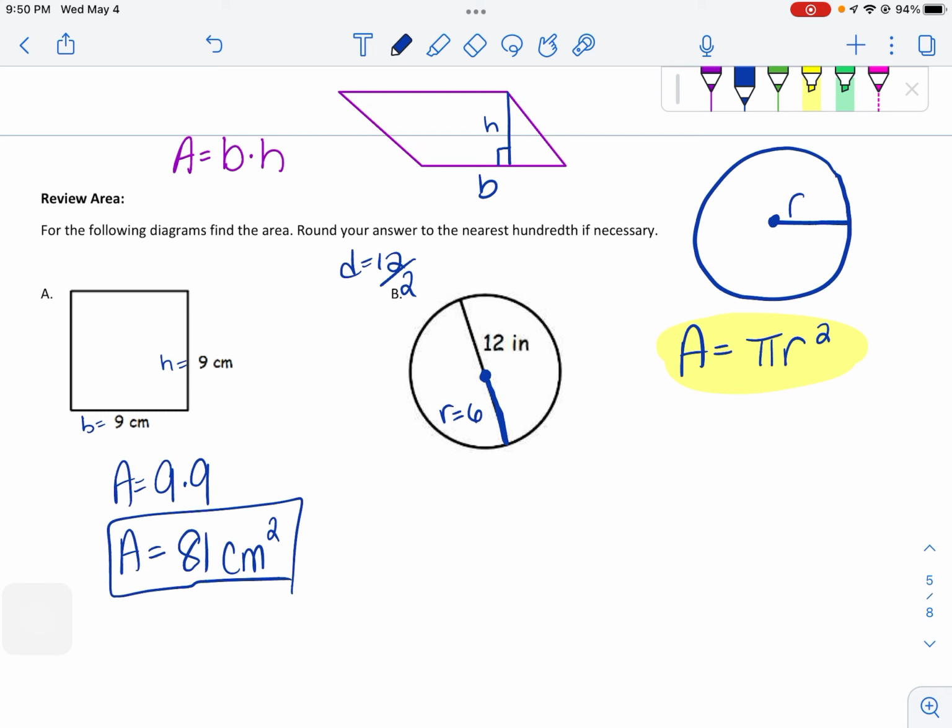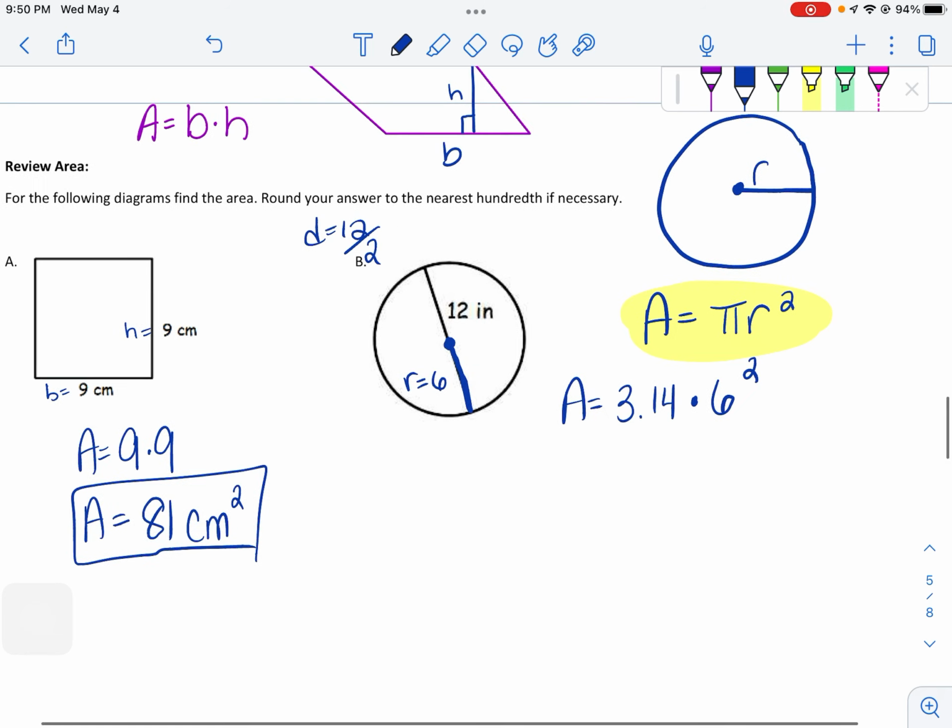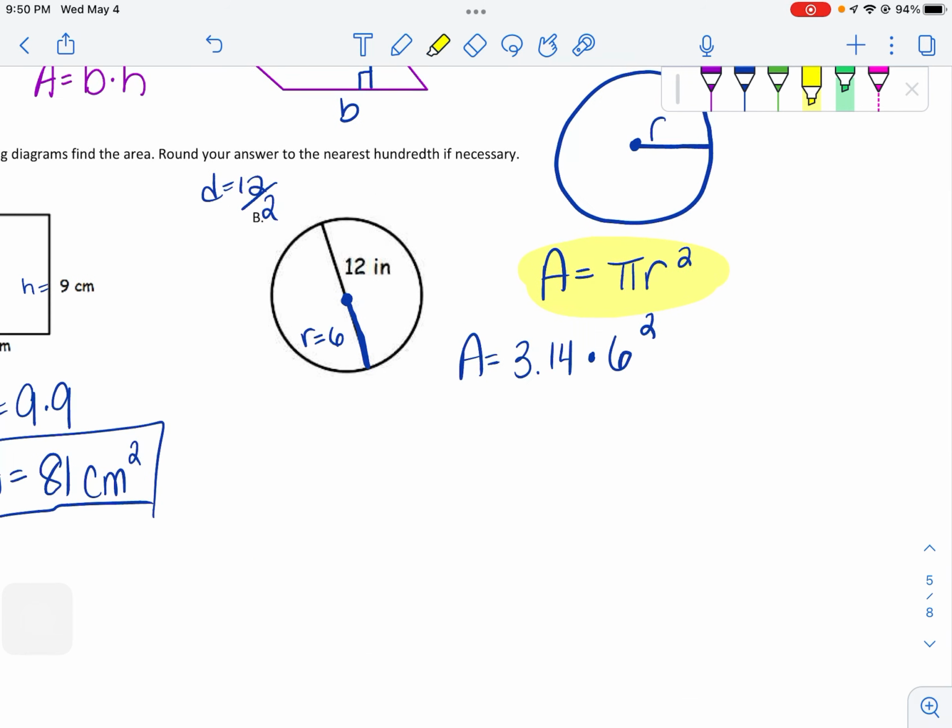So now I can plug that into my formula. Area of the circle is going to be pi, so I'm going to use 3.14, times 6 squared. Then I have to remember that in order of operations, exponents come before multiplication. Think about PEMDAS, which stood for parentheses, exponents, then multiply. So we're going to do 6 squared first. And remember, 6 squared means 6 times 6.